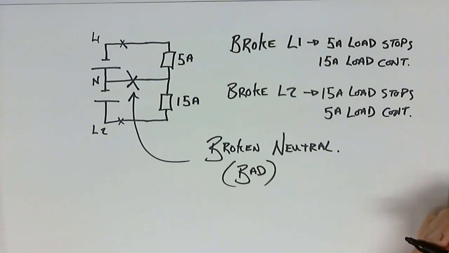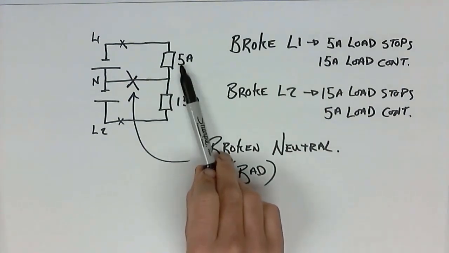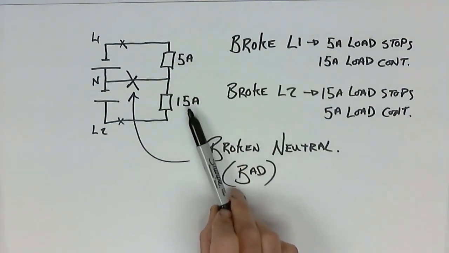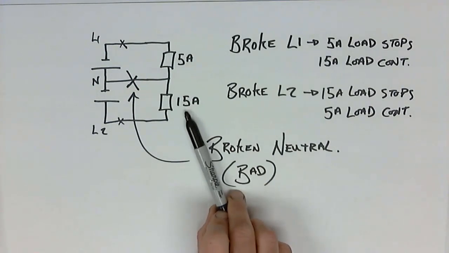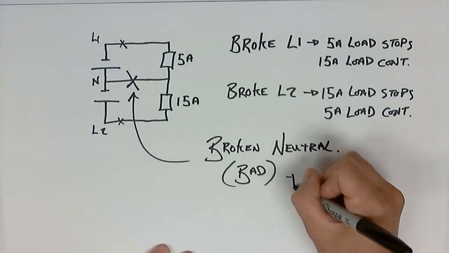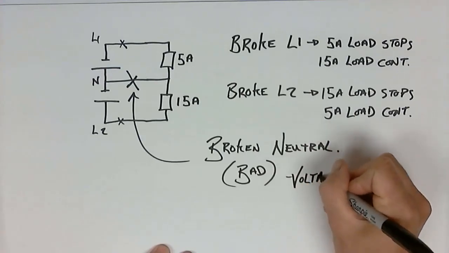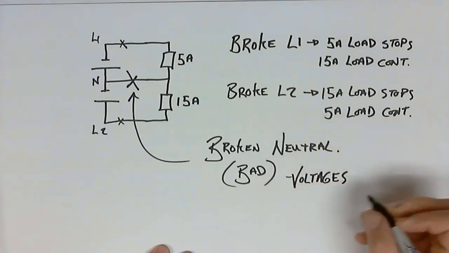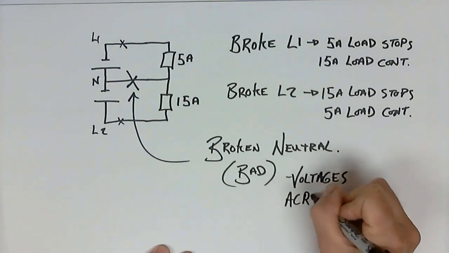Well, the reason it's a bad situation is that as soon as we do that, the voltages across the two loads will now change, and we may end up with voltages that are very high across one of the loads.